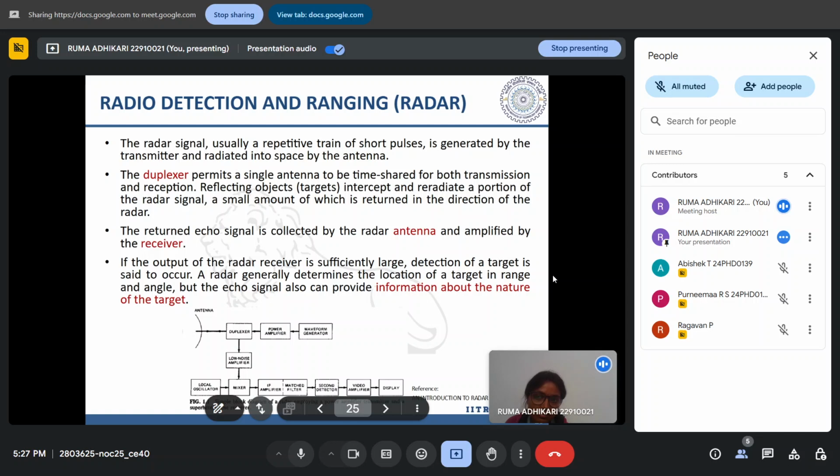Okay, wave signal. So this is the basic diagram of a radar that consists of an antenna, then these terms come: the duplexer, power amplifier, waveform generator, and the duplexer is connected with the low noise amplifier, local oscillator, mixer, then IF amplifier, matched filter. This is very important, matched filter. Then second detector, video amplifier. So this is simplified, this is the basic one.